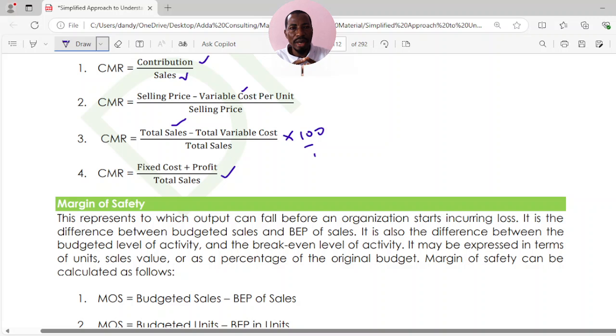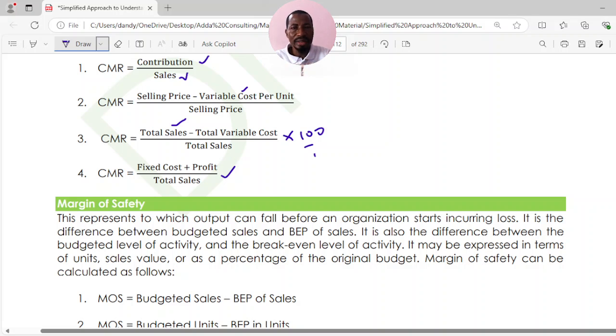Just like you have under risk and uncertainty, under sensitivity analysis. All right, margin of safety measures the same thing. As far as break-even is concerned, you want to know the extent to which your output can fall before a company will begin to incur losses.